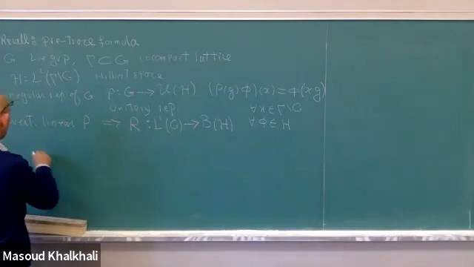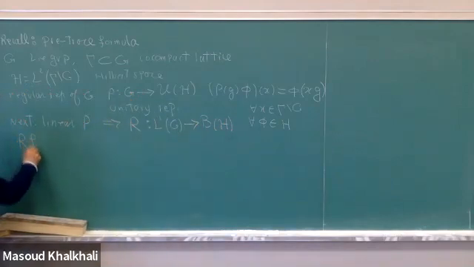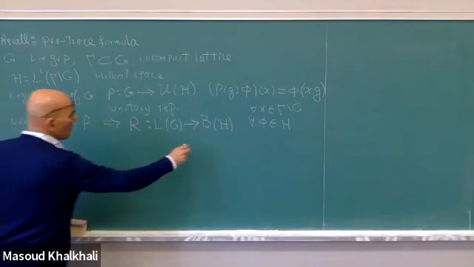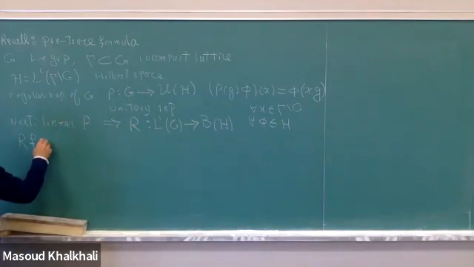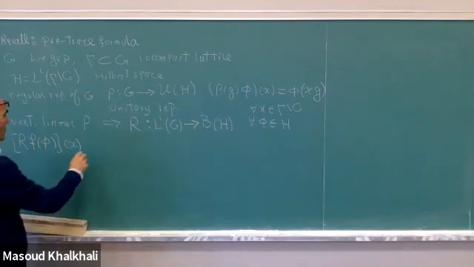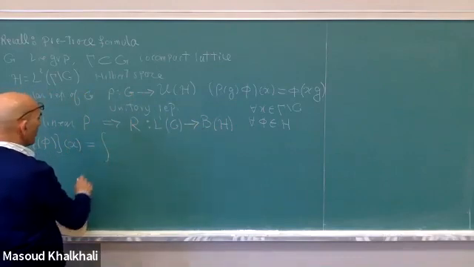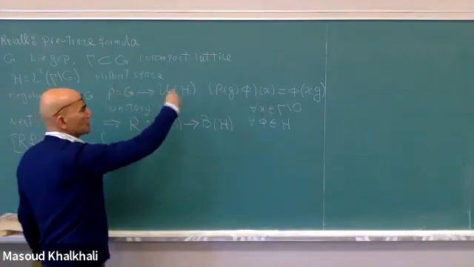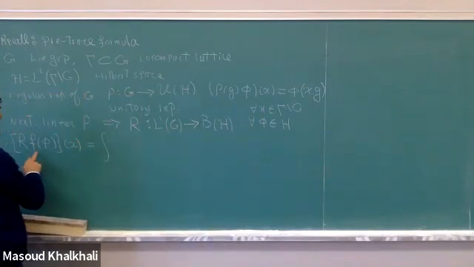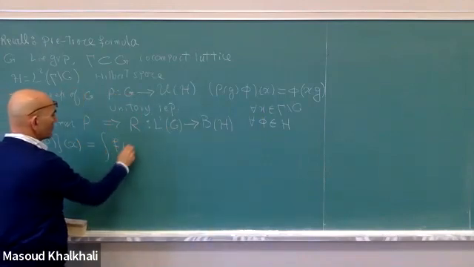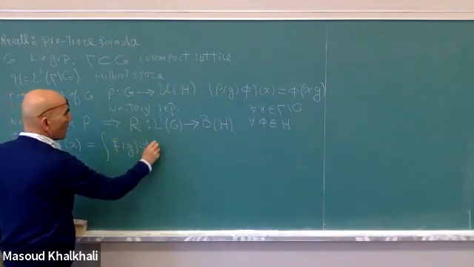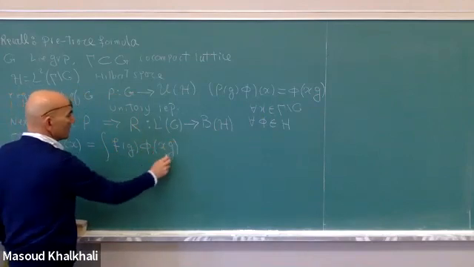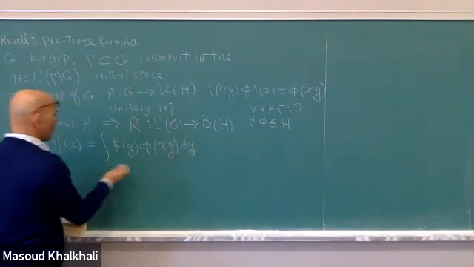And the way it works is that R_f of some phi acting on some, again, x is going to be equal to, so we just linearize this action, you just average this over this density f. So this is like the integral of f of g phi of xg dg over G.